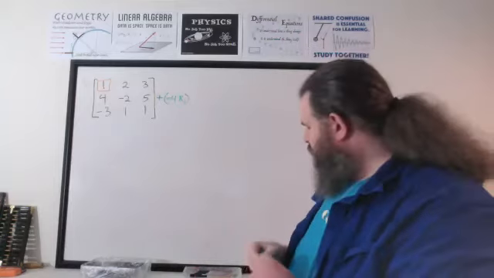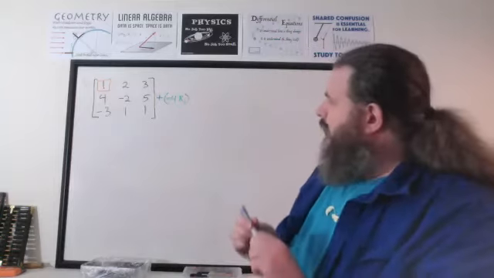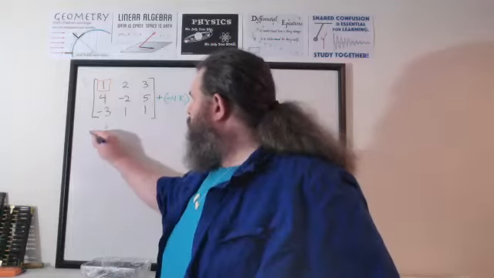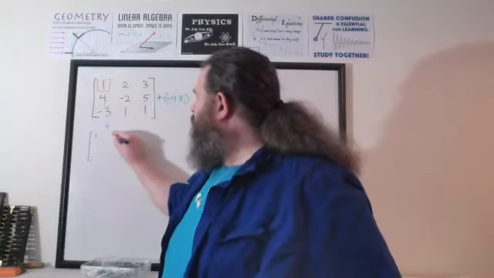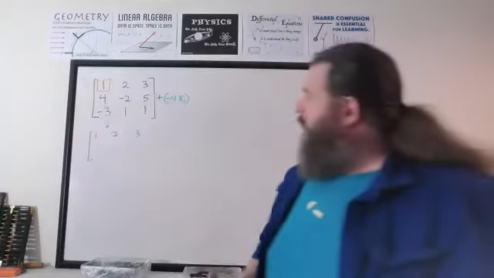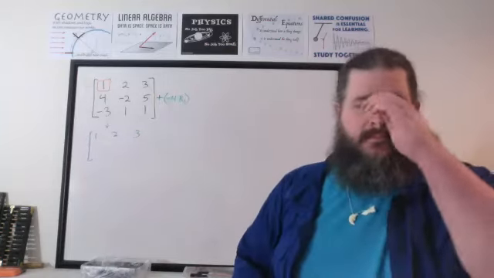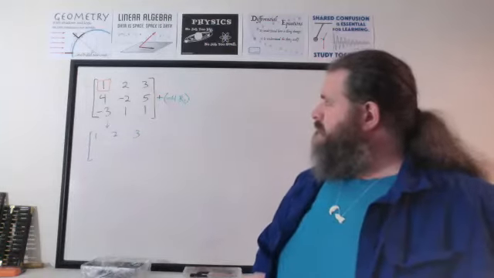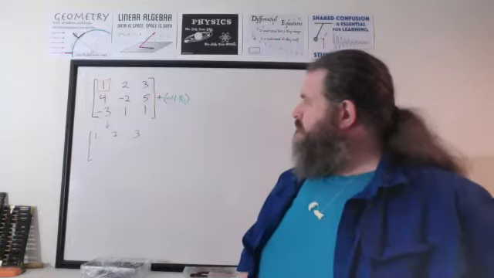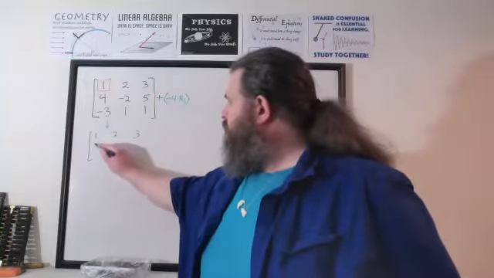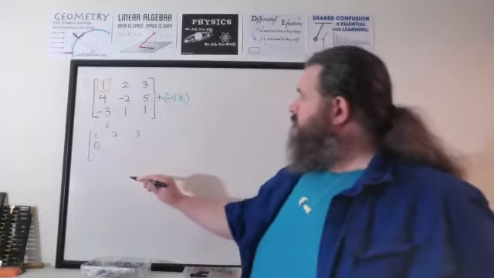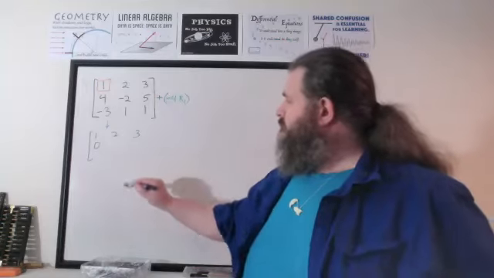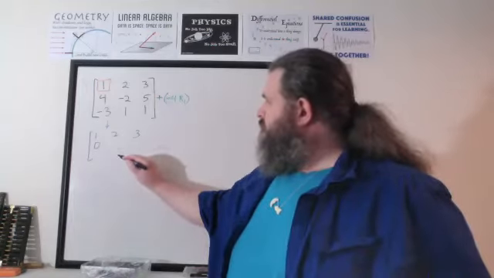And let's take this one step at a time. If we do that step, we're going to get first row unchanged. And what's our new second row? The first one is 0. And then it's -4 times 2, -10.